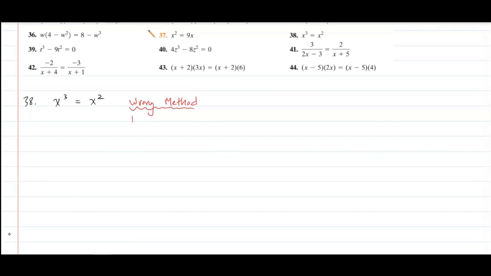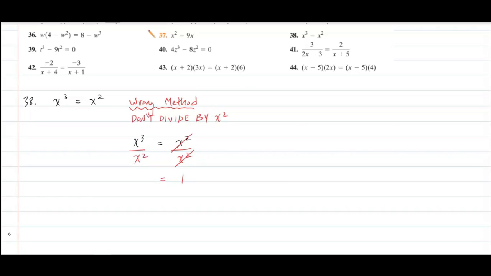Do not divide by x squared. Never divide in an equation by a variable. Don't ever do that. And what I mean to say is this. So let me show you what students have done in the past, incorrectly. They've divided on both sides by x squared and said, see, now this cancels out and gives you a 1.